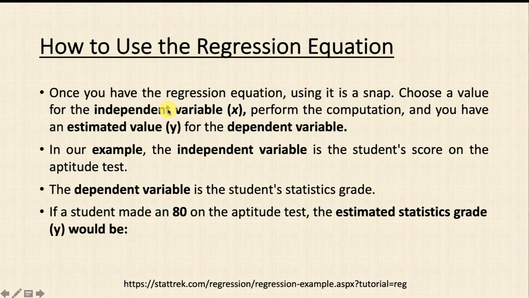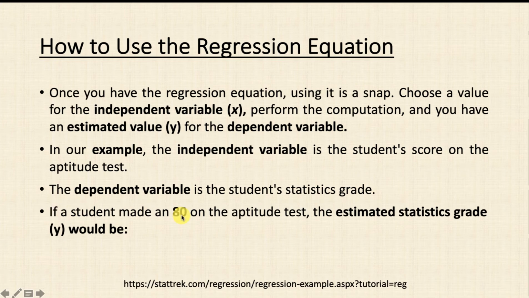But how can you now use these equations to solve our questions? Once you have the regression equation, choose a value of the independent variable x, perform the computations, and you have the estimated value y for the dependent variable, right? So in our example, the independent variable is student scores on the aptitude test, and the dependent variable is student statistics grades.